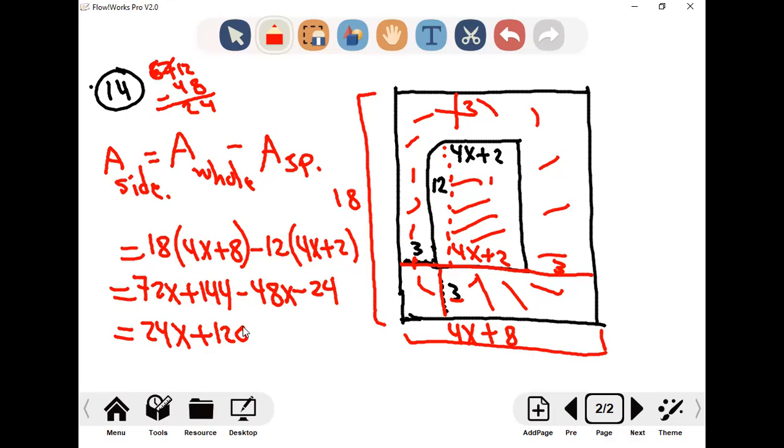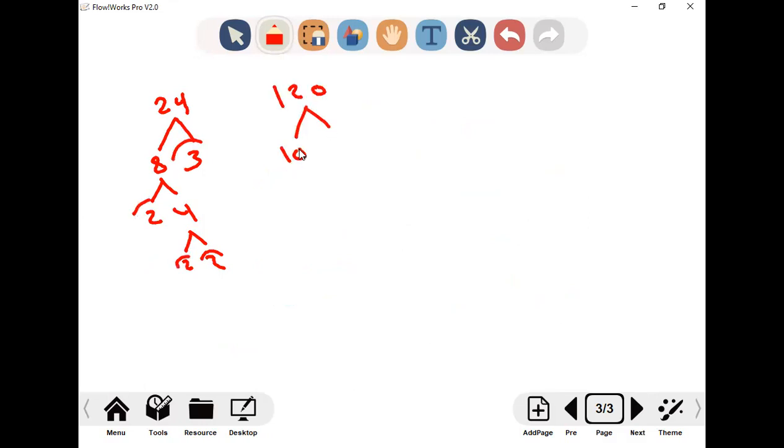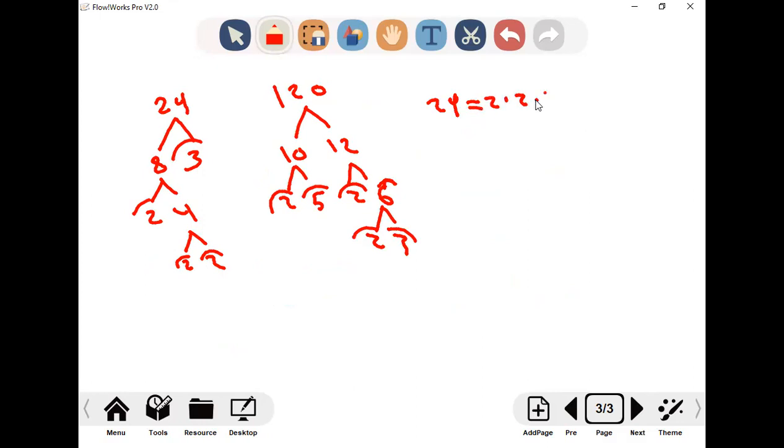Let's factor it. 24 is 8 by 3, which is 2 times 2 times 2 times 3.